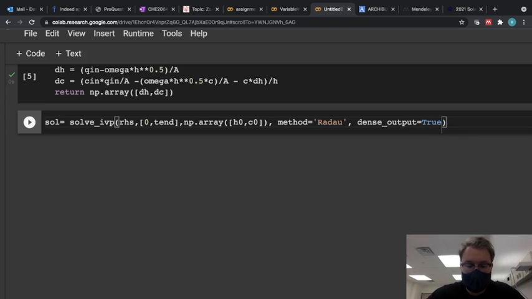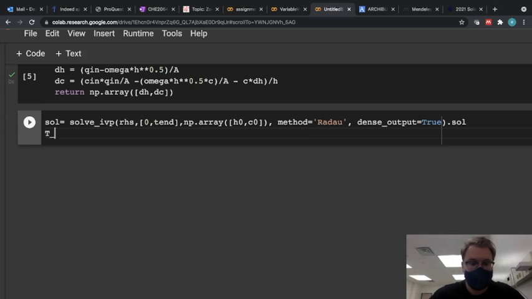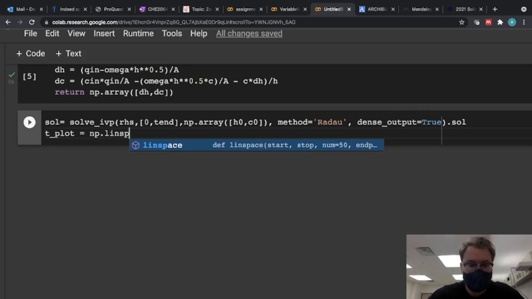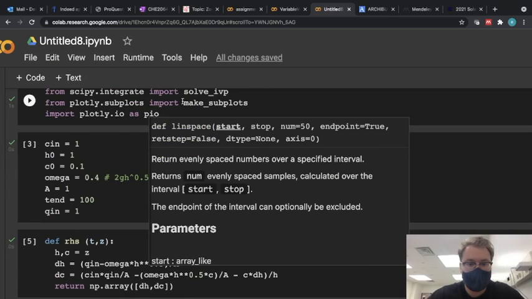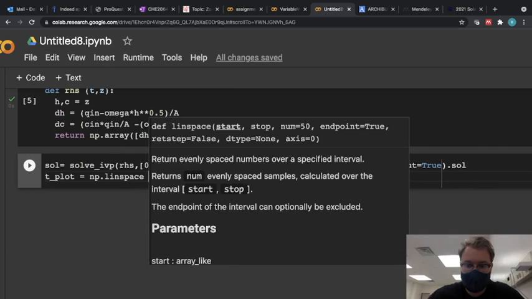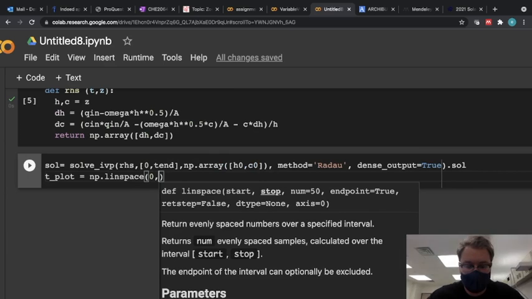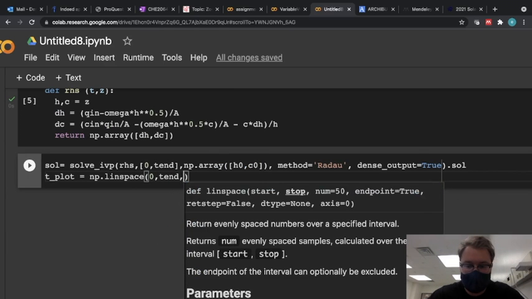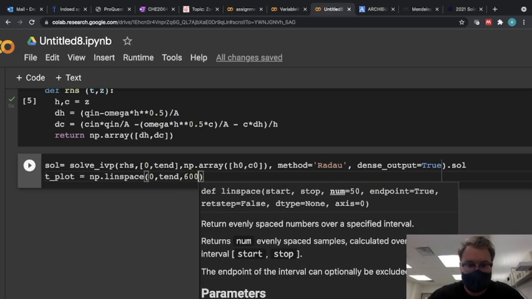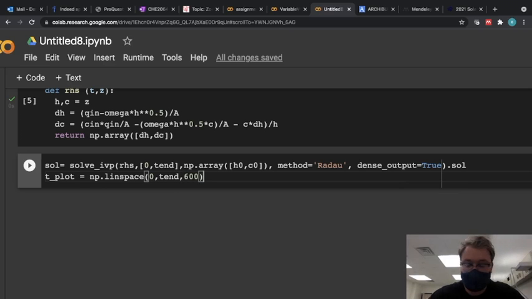And then sol, and then my time plot is going to be from my numerical Python linspace, which I also made up here, from time equals 0 to t end, and I'm going to put in 600 for now.